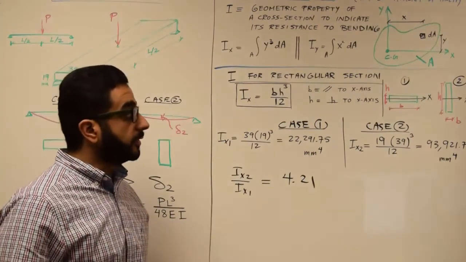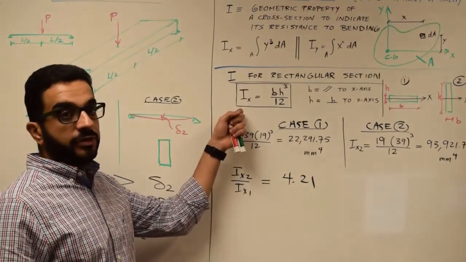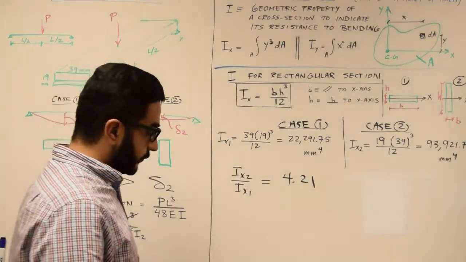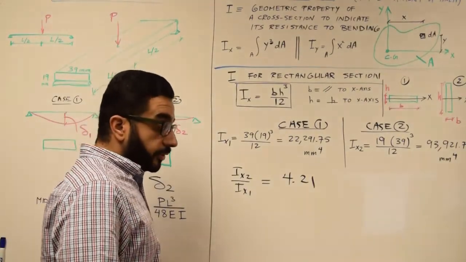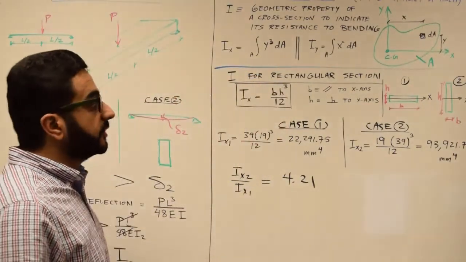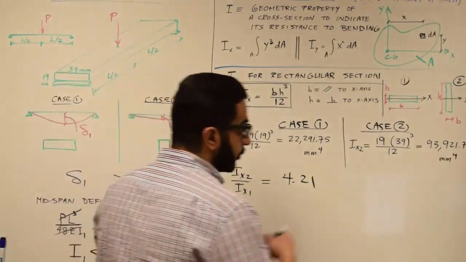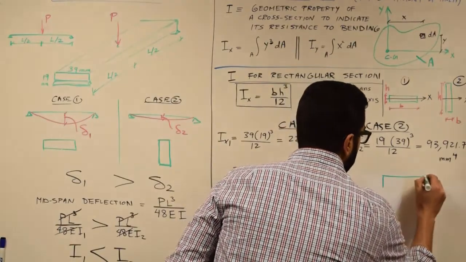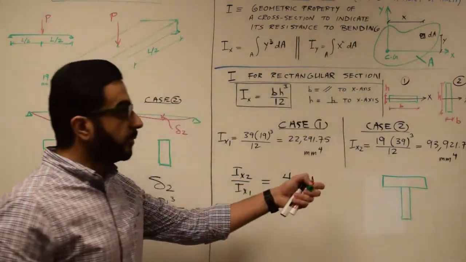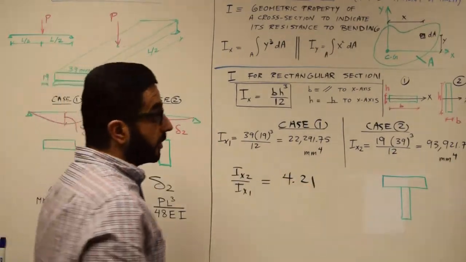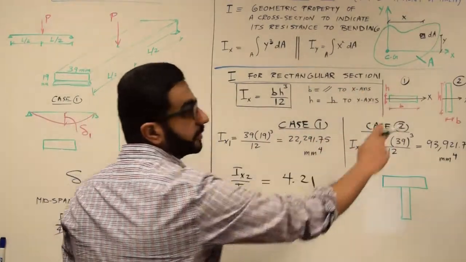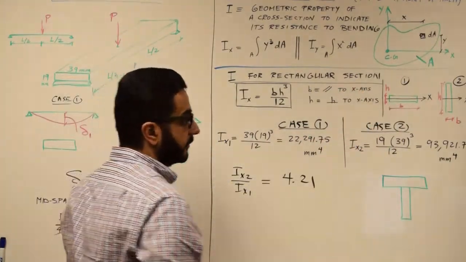Next for you maybe is to check the reading section and see what are the different moments of inertia for the different other cross sections. Check the table there, and also next, we'll learn in the class about the parallel axis theorem, which is the theorem that helps us define moment of inertia for cross sections like this, like the T section. It's made up of rectangles, but I cannot use this formula because this formula is only for a rectangular cross section.